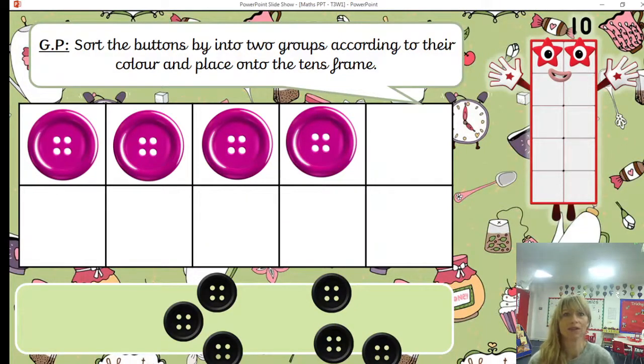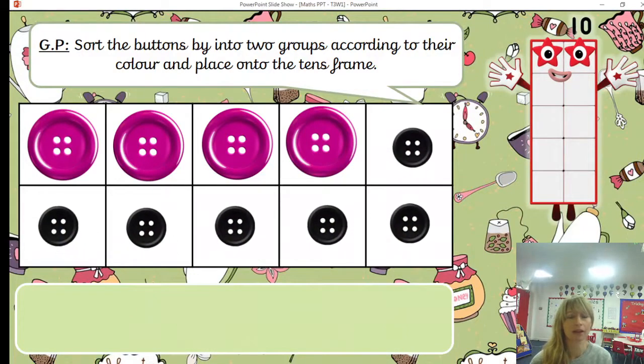Now we're going to fill up the rest of the 10 frame with the black buttons. But remember, we just put 1 button in each square. We mustn't put 2 in, and we must fill up every square. Here we go. Now, let's count how many black buttons we have. 1, 2, 3, 4, 5, 6.